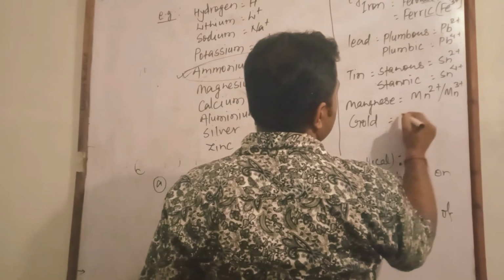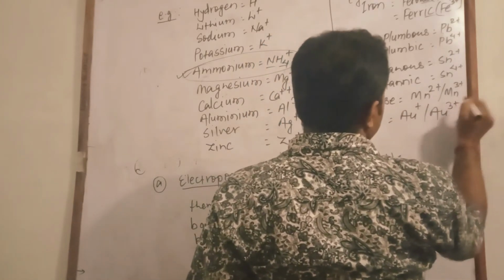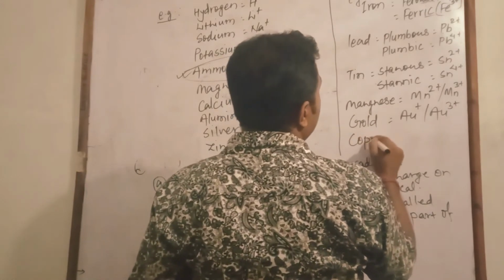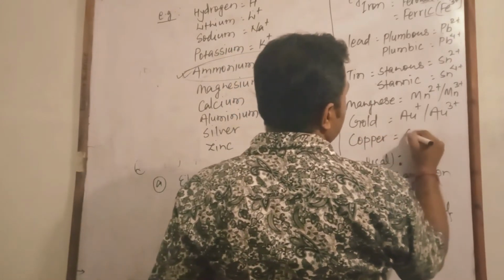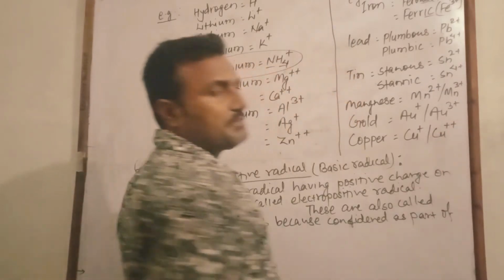Similarly, gold is represented by aurous, Au plus, auric, Au3 plus. Copper is represented by cuprous, Cu plus, cupric, Cu2 plus.